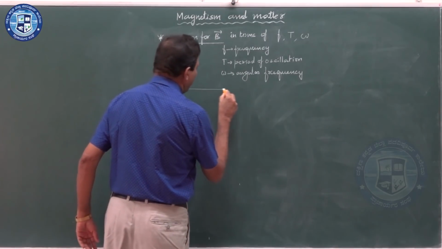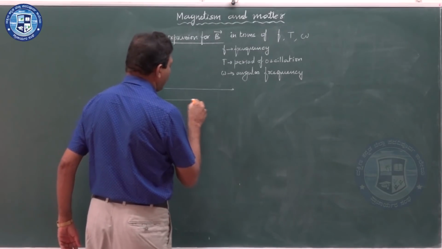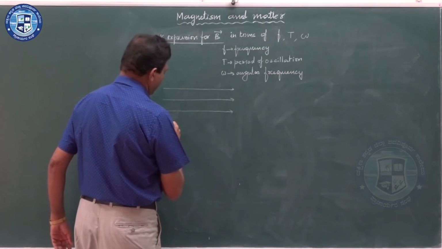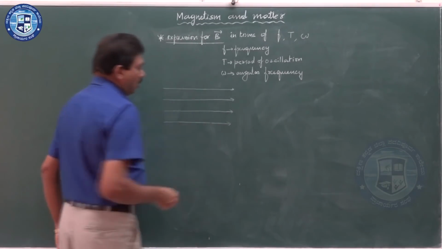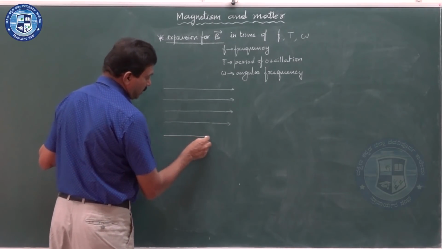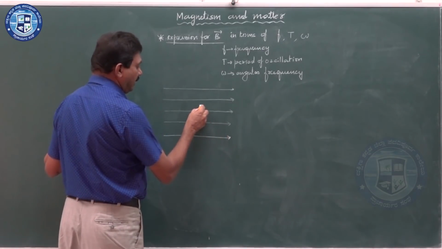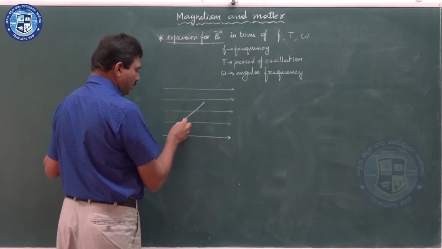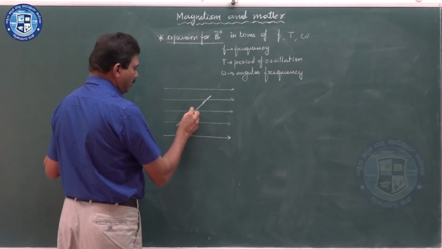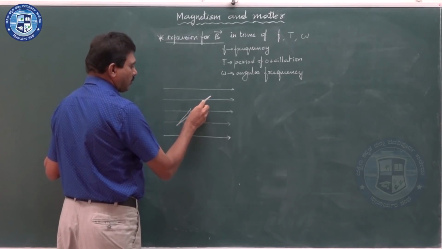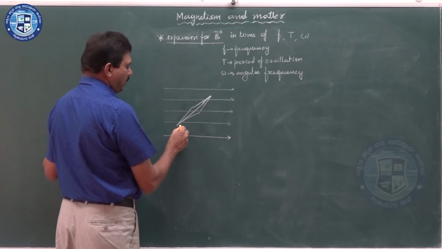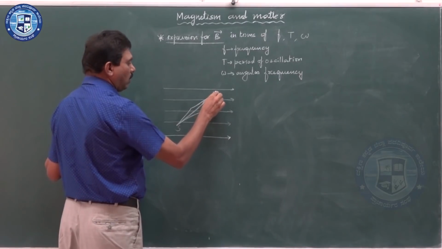So, this is the uniform magnetic field I am considering. Now, I am considering a small magnetic needle, a tiny magnetic needle, placed in it. I am considering this is south pole, this is north pole.